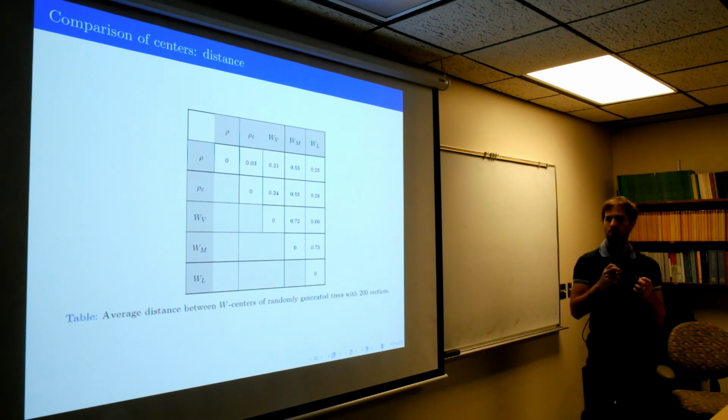And it seems that even when these functions are very different but share some kind of property, then the center is not influenced by choosing one or another. Of course, this is not formal. So there could be lots of pathological counterexamples.